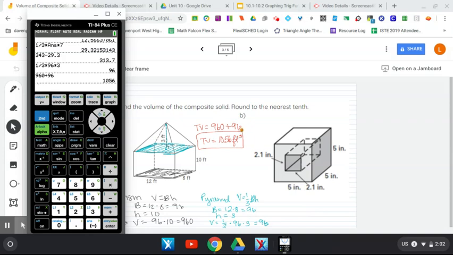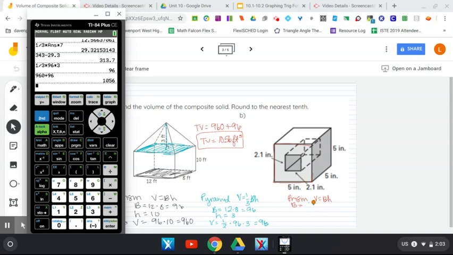All right, so for part B, you have actually this time 2 prisms. You have a prism that's being cut out of a larger prism. So this time when you do your total volume, instead of adding, you will subtract. So let's start with the big prism. So the volume is the area of the base times the height. So we'll call this the base of this. Notice it says 5 inches, 5 inches, and 5 inches.